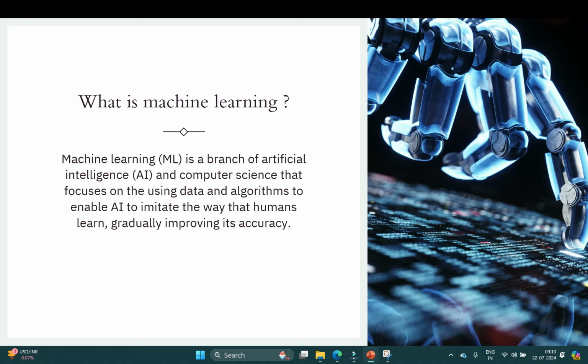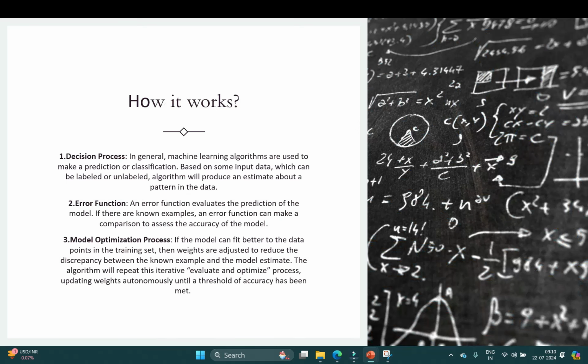We will build an algorithm which can look at that data and think the way humans would, and it can predict outcomes. It can solve the problem for us, just like humans. That's machine learning. The name also suggests that the machine is trying to learn and predict outputs. It is trying to imitate the way humans learn, and it will keep on improving that accuracy. That's what machine learning is in very simple terms.